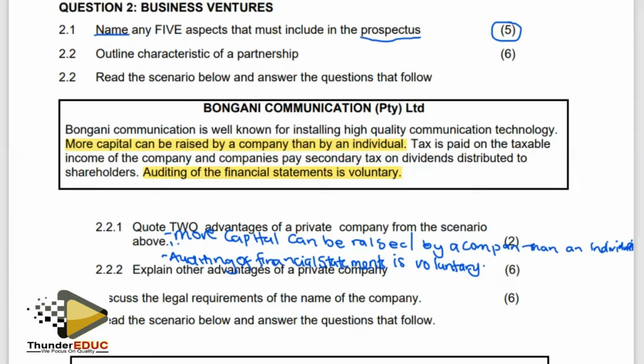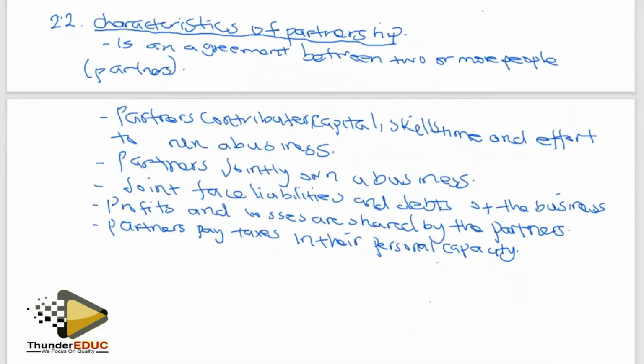It is question 2.2.2, other advantages of private companies.